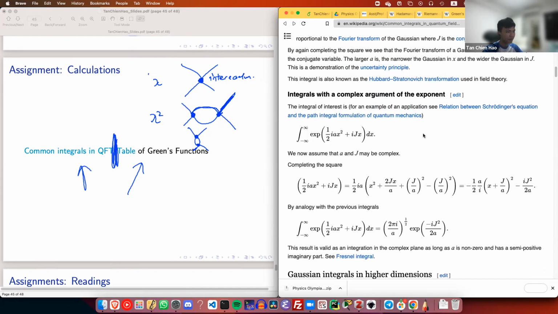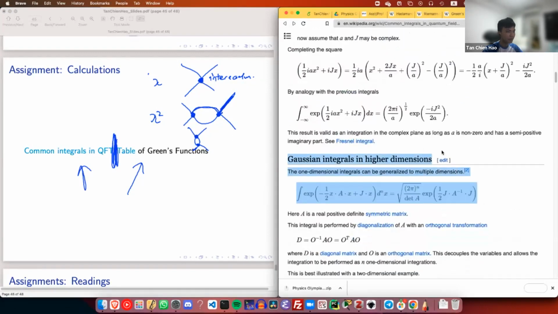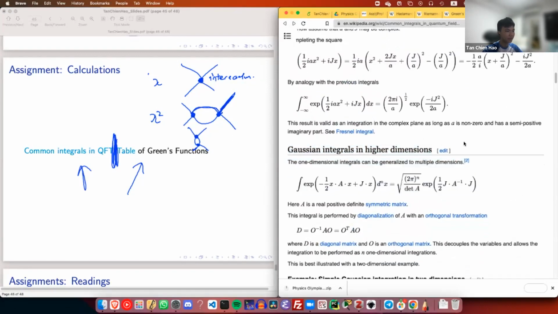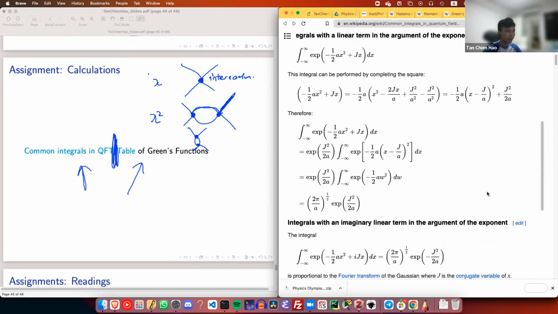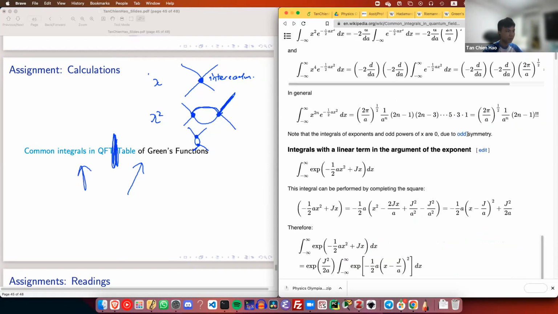Just now we saw Gaussian integrals in higher dimensions. That would be something that you can convince yourself of at least once. All the Gaussian integrals are nice to work through.